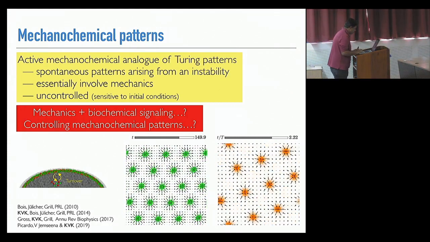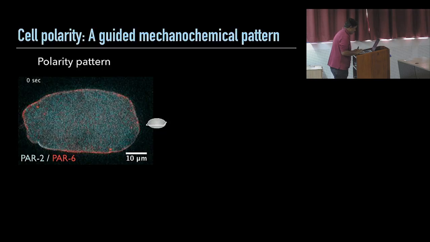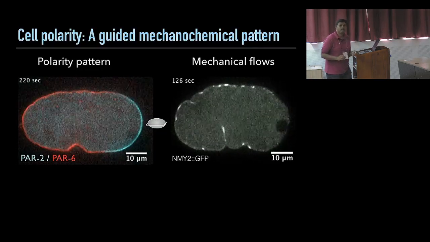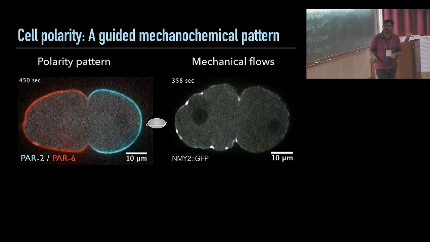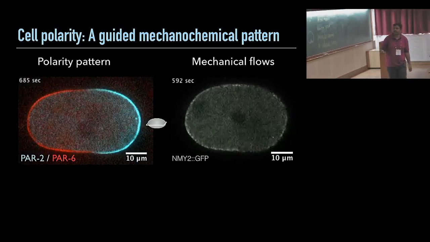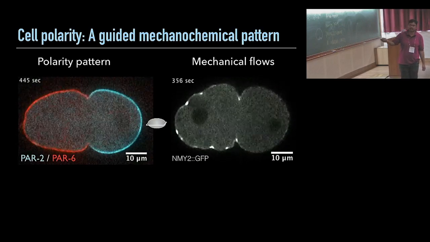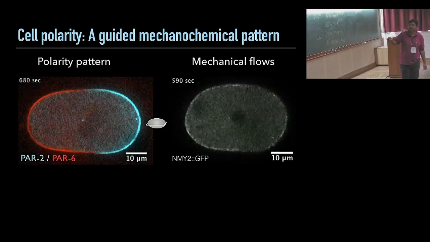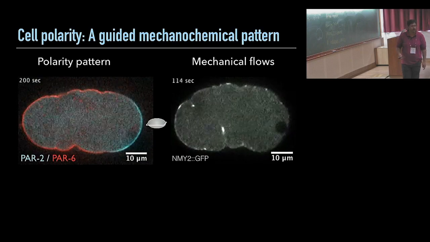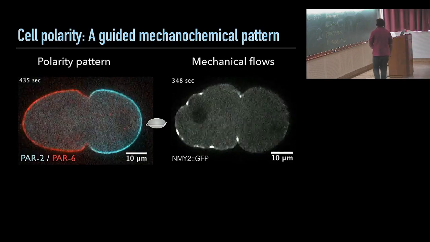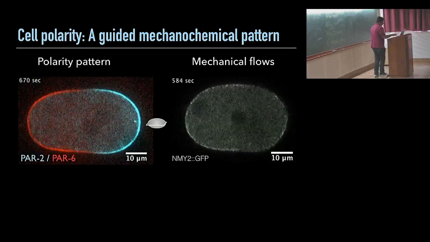And like I was mentioning to you yesterday, the pattern in which this polar pattern comes up on the surface of the C. elegans zygote, driven by the same active mechanochemical flows that I was discussing, in addition to certain signals that come from the nuclei, the claim is that this is really a mechanochemical pattern.